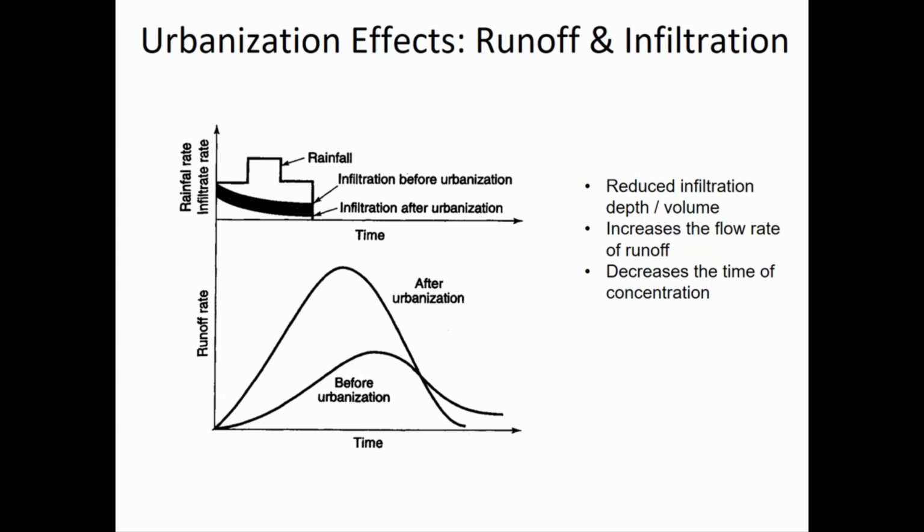So it may be that this storm was 3 hours long, and during the first hour there was a certain intensity, then the rainfall intensity went up for another hour, and then it went down again. What this rainfall hyetograph is showing is what fraction of the rainfall back in the olden days used to infiltrate.